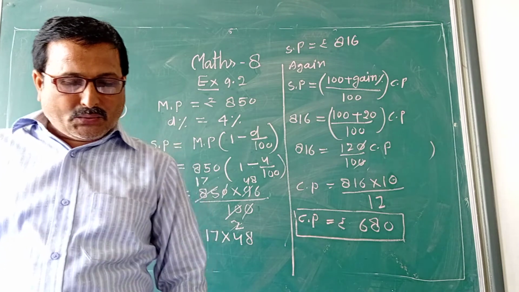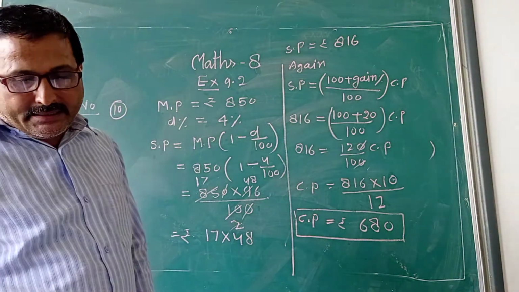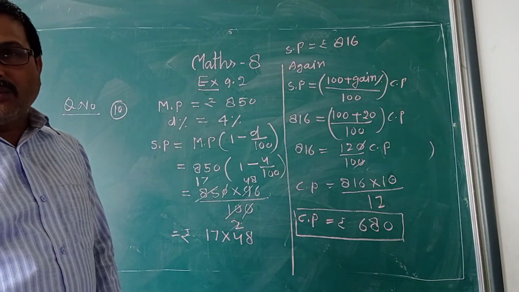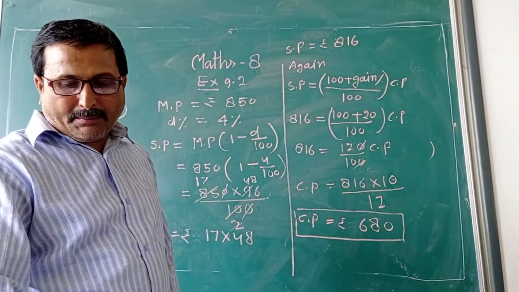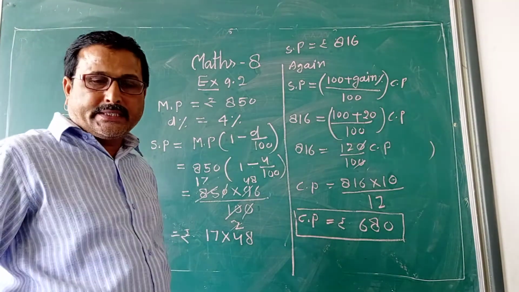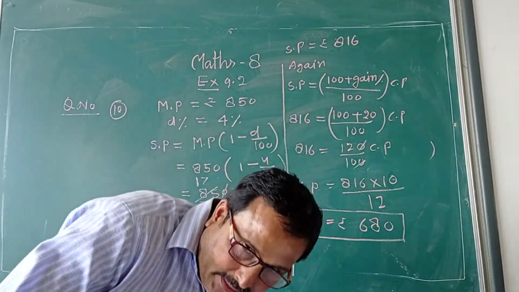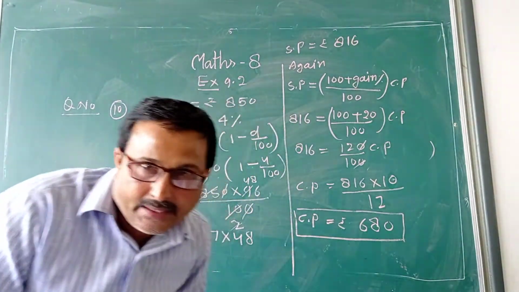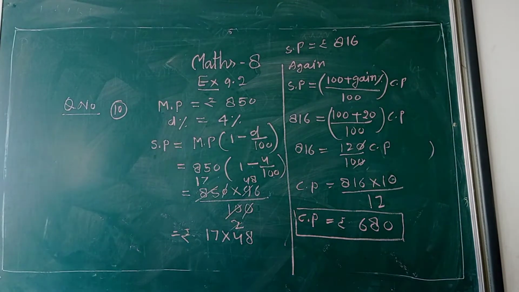At what price should a trader mark an article that cost him 1200 rupees to gain 12% after allowing a discount of 16%? After allowing the discount of 16%, just check.